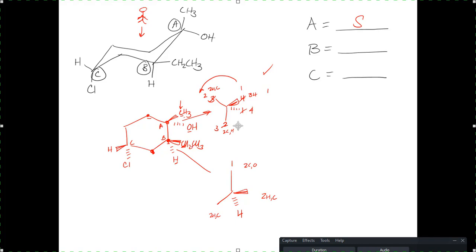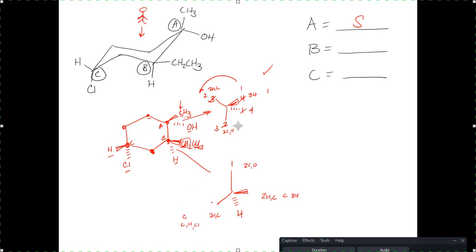Now for this, we have the CH2 group. What's attached to it is a carbon with 3 H's. What's attached to this group? A carbon with a carbon, an H, carbon, H, Cl.